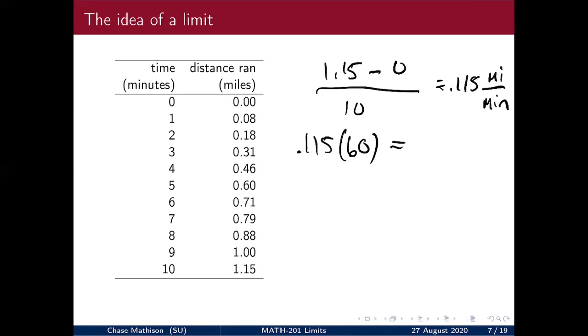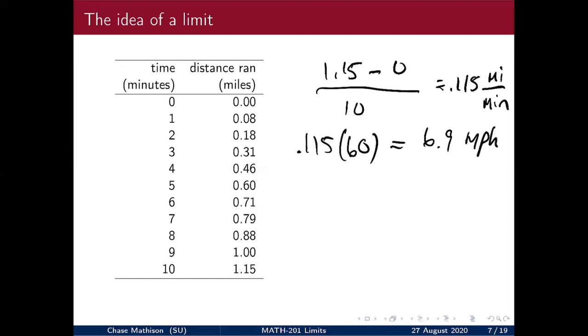All the people on Zoom are going to be amazed at my mental math abilities. Just let me really crunch the numbers really quick. And that comes out to be 6.9 miles per hour, MPH.